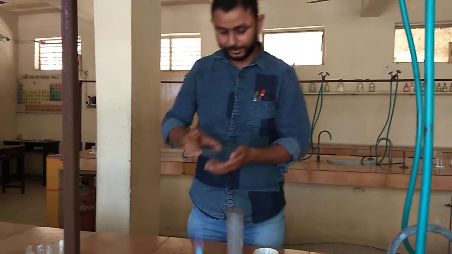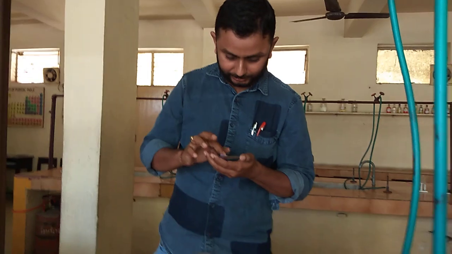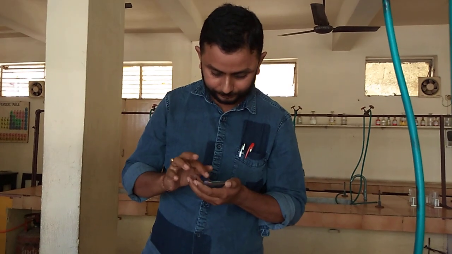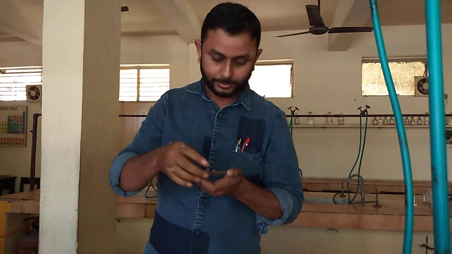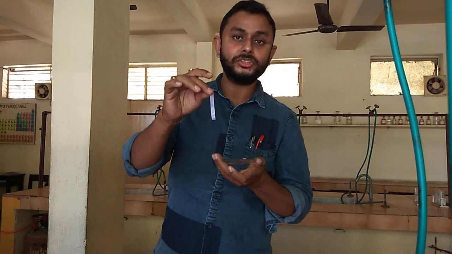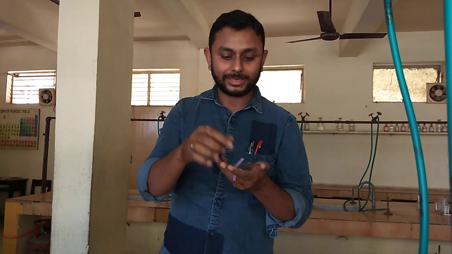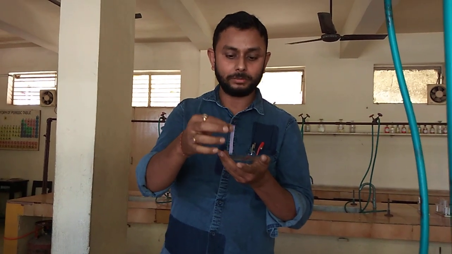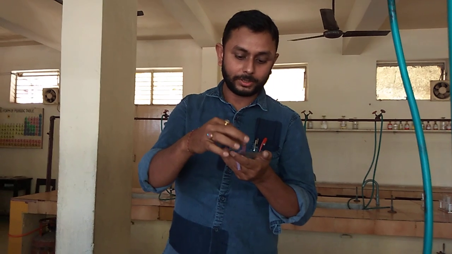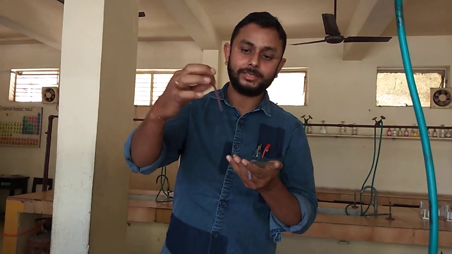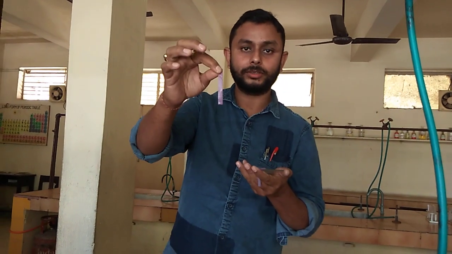So what do we find? The change is quite instant. The blue litmus paper remains blue, which shows that it is not acidic. If it would have been acidic, the blue litmus paper would have become red in color. But the red litmus paper has turned into a bluish color.